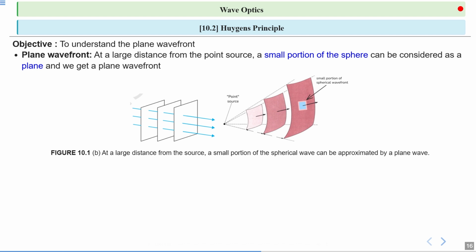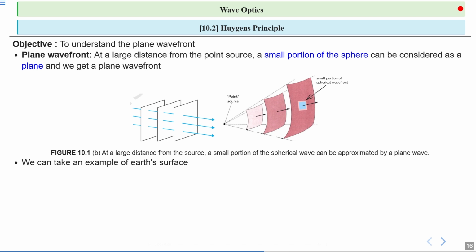You can see a diagram on the right hand side. There is a spherical wavefront, and we have taken a very small portion of it which looks like a plane wavefront. Or we can say at a very far distance from the point source, the spherical wavefront is very large, and a small part of it will look like a plane wavefront.